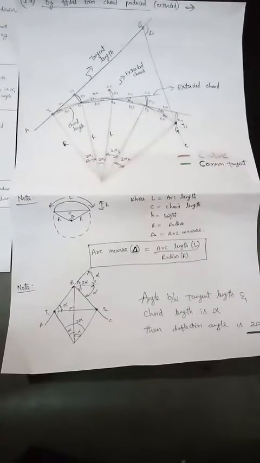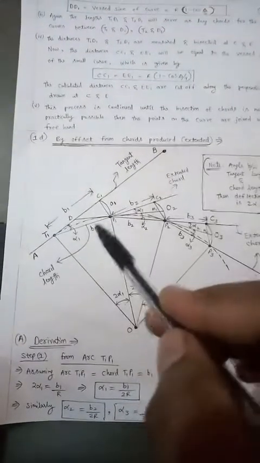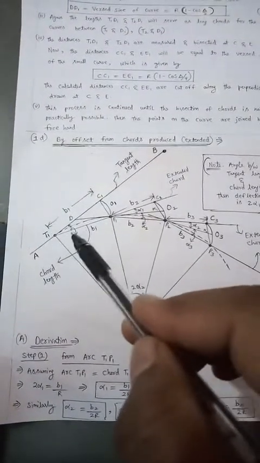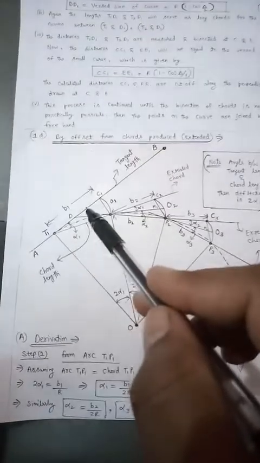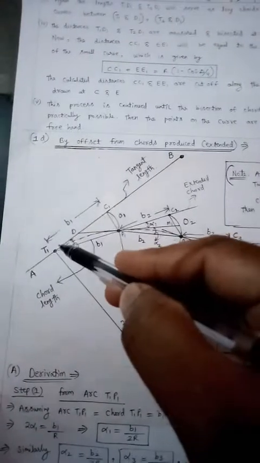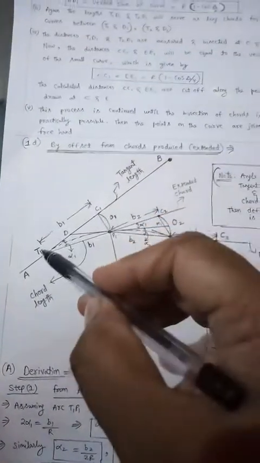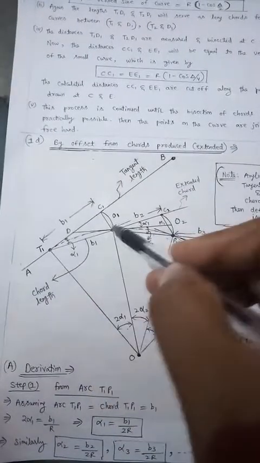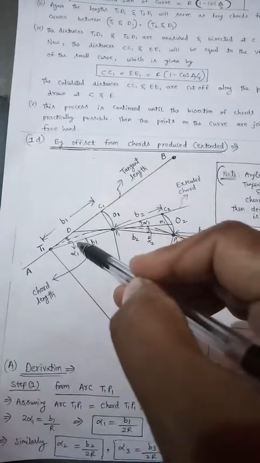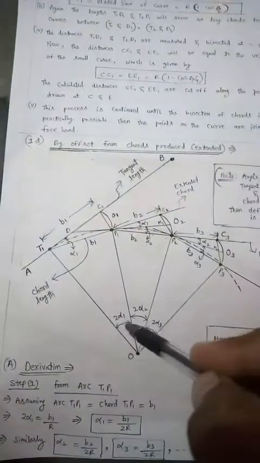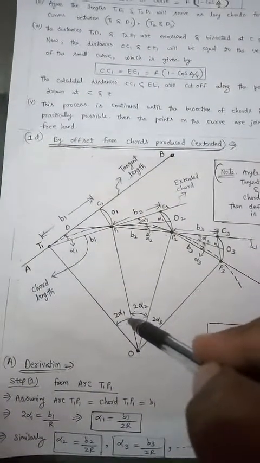Now we will learn the derivation here. This figure indicates the angle alpha between the tangent length and the chord length. If this is alpha 1, then the deflection angle will be 2 alpha 1.